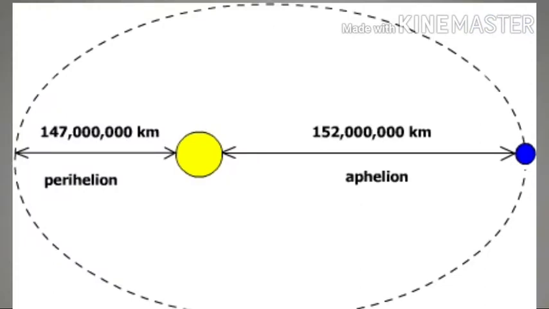So when the distance between Earth and Sun is maximum, that is called aphelion. The word aphelion is derived from the Greek words apo, that means away, and helios, that means sun.